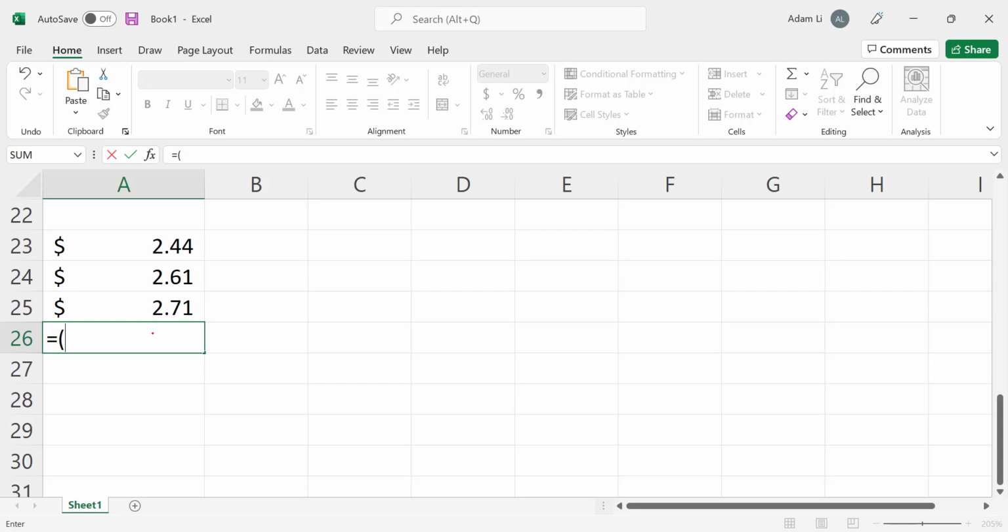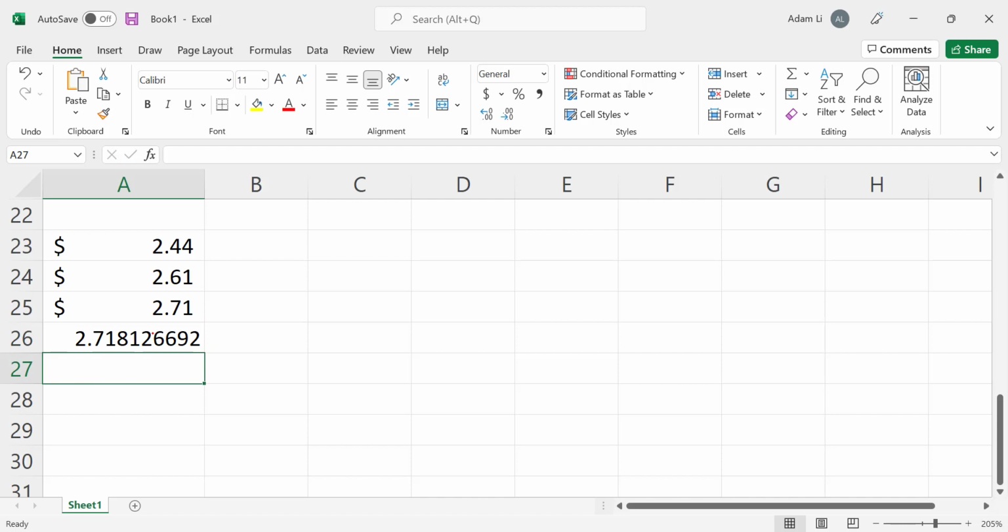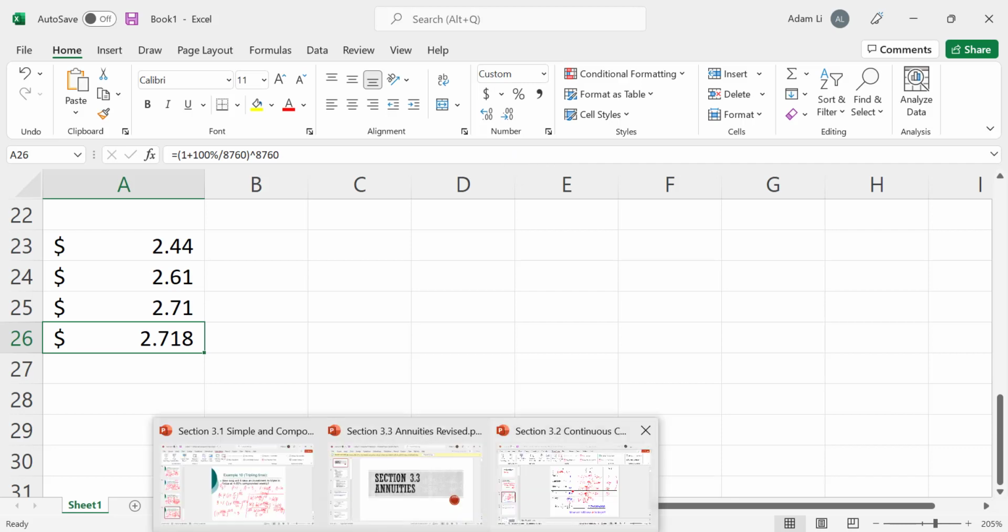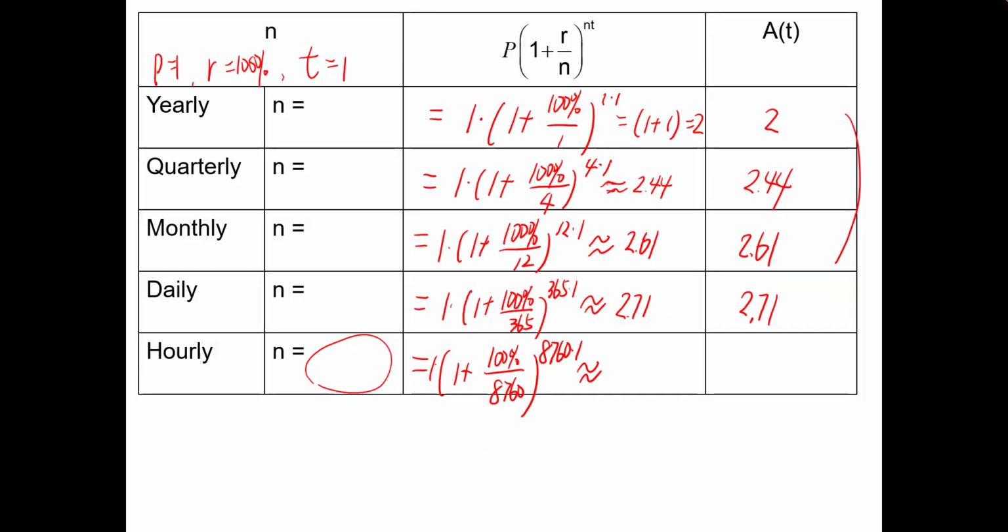So this is 1 plus 100% over 8,760, raised to the 8,760 power. It's 2.718. So this one I'm going to need two more decimals, 2.718, because that's a number getting close to the Euler number, which is the natural number. Again, as the number of compounding periods increases, ending balance increases.